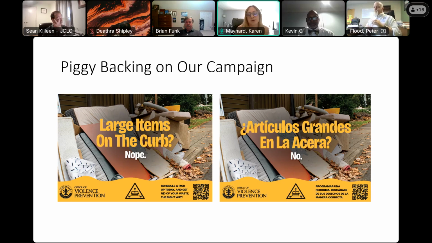They knew it was our campaign, and I think they just wanted to make sure there was no confusion. But they did end up purchasing yard signs and putting them in one of their special areas that we've actually partnered with them on, also working with getting the carts in order in certain areas.